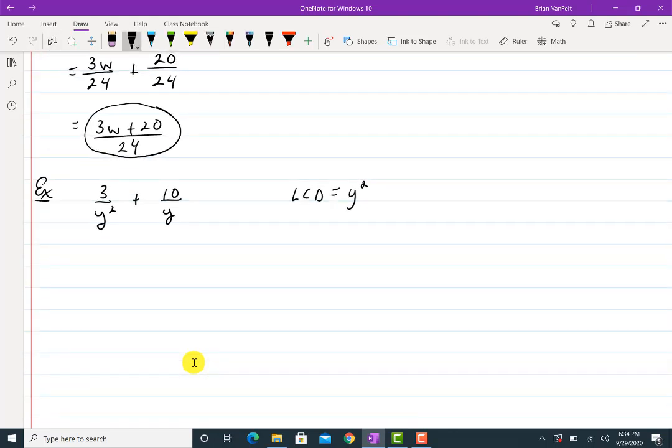So what I'm going to do is rewrite my fractions to have y squared in the denominator. The first fraction I didn't have to do anything, but the second one, in order to turn a y into a y squared, I had to multiply by y. So I get 10y. And then when I add them together, 3 plus 10y all over y squared.